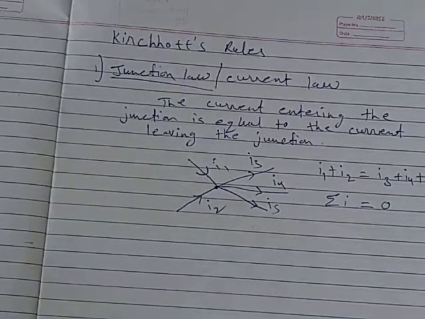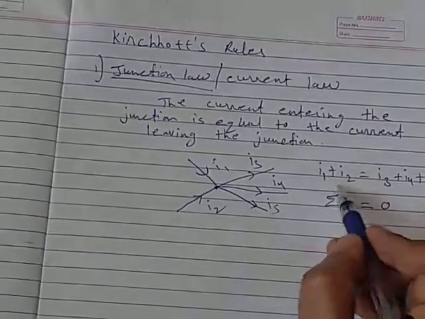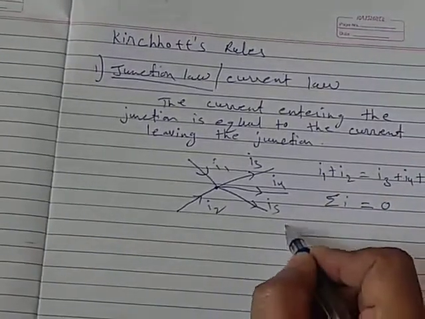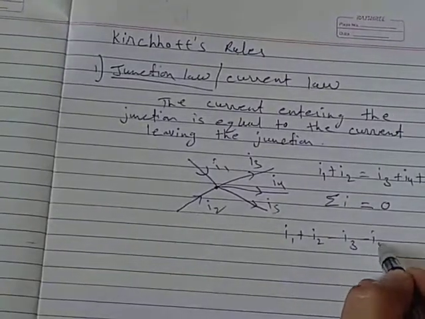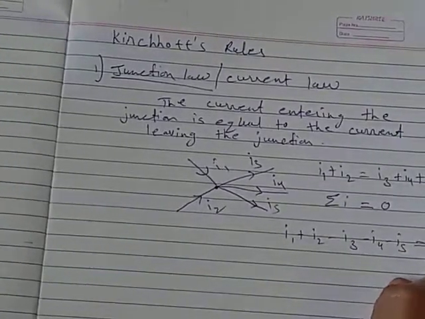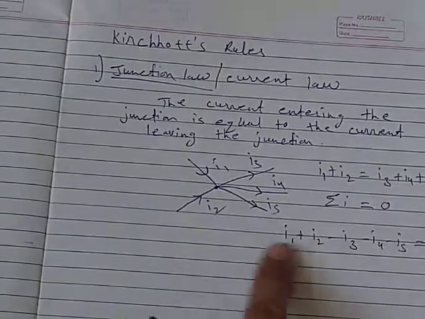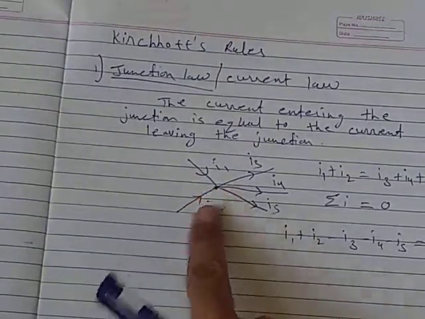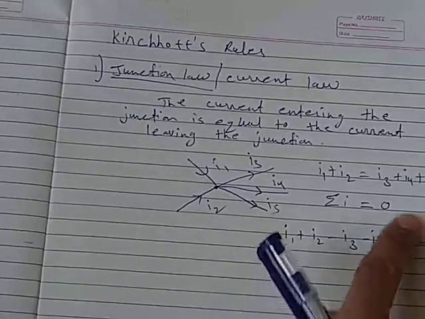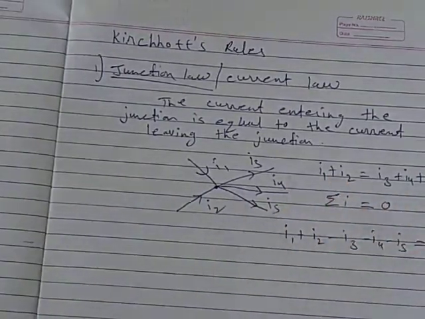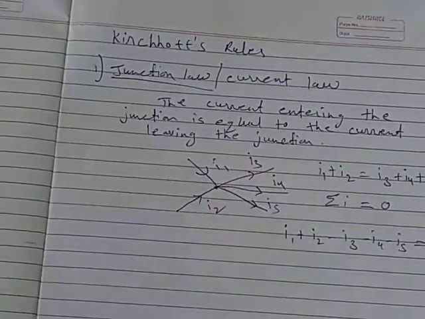We can write I1 plus I2 minus I3 minus I4 minus I5 is equal to 0. If we consider the current entering as positive and the current leaving as negative, then the sum of the current at the junction will be equal to 0.